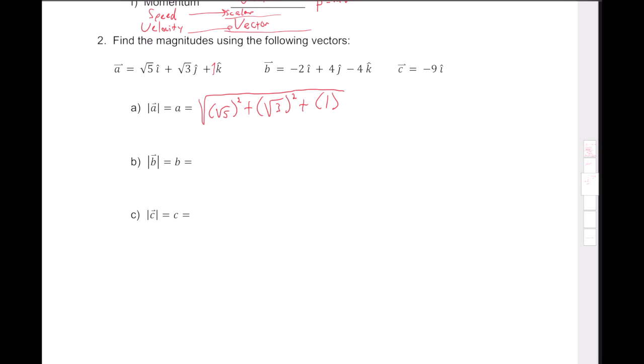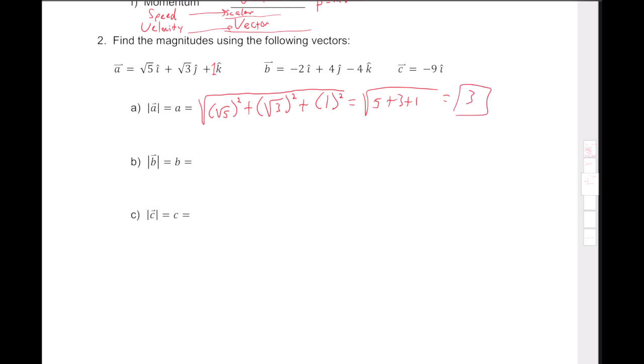What? There is one. It's just not written because 1 times k hat is just k hat, but we need it down here. You add all of those once they're squared and then take the square root of whatever that ends up being. So that's 5 plus 3 plus 1, the square root of 9, which is 3.